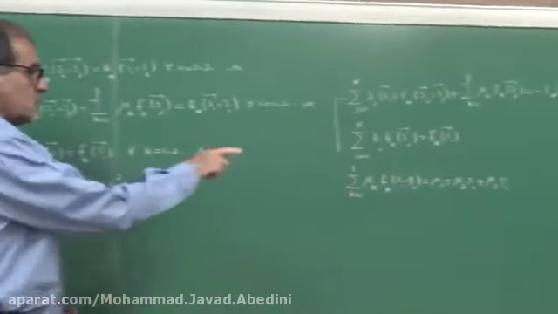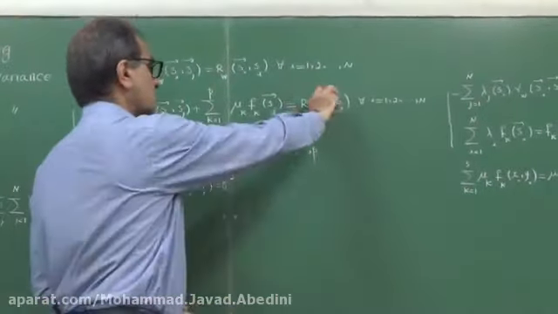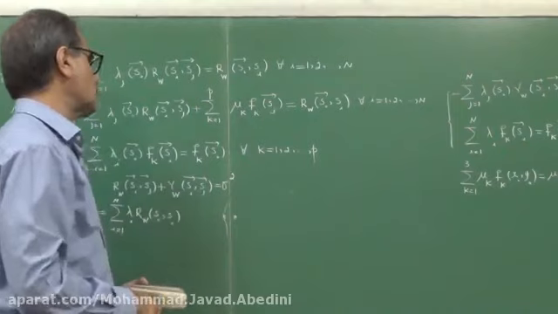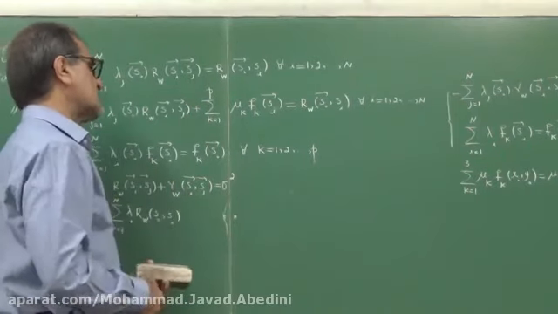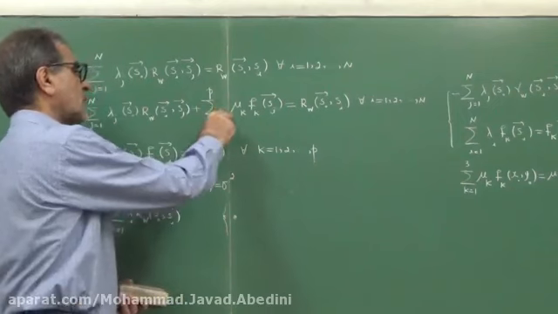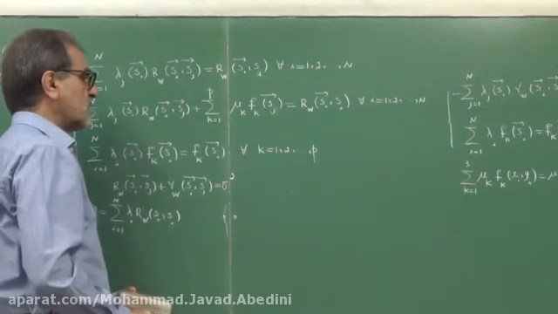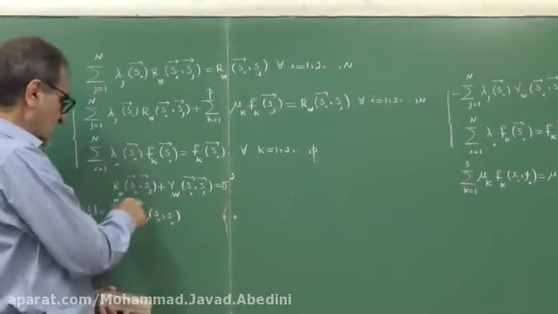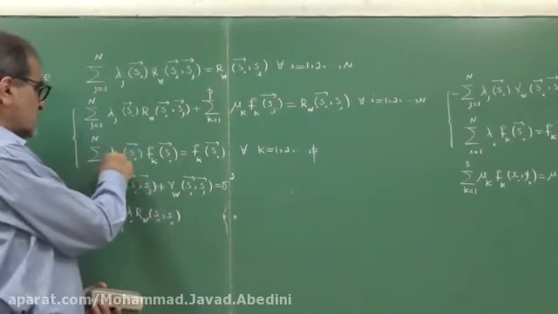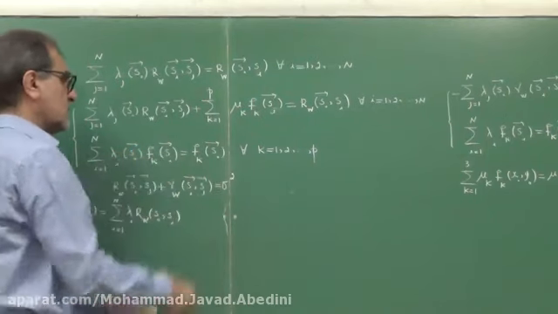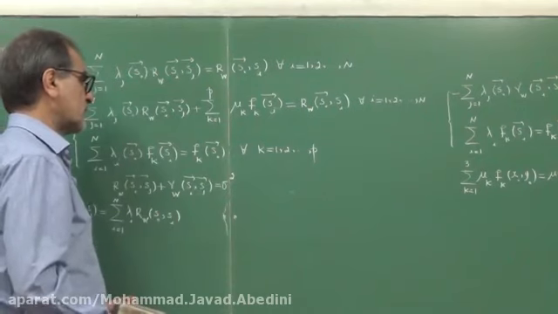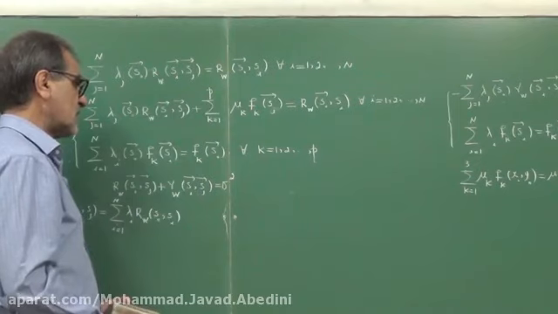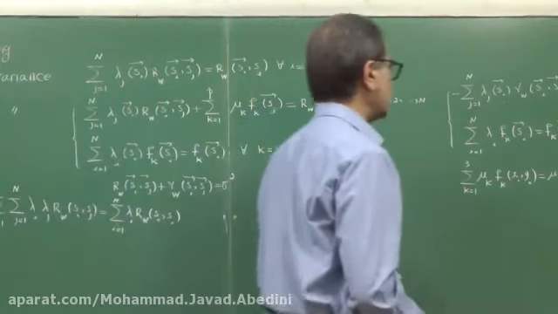Then summation of this, and then if you multiply by lambda i and try to replace summation of lambda i from 1 to n, k from 1 to p with this part here, because you are going to have this part, it will become summation of k from 1 to p mu k f sub k s0.